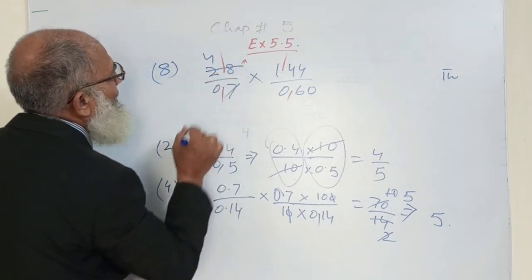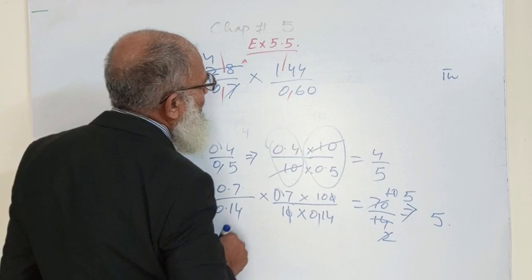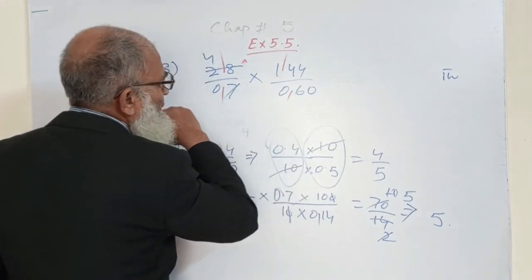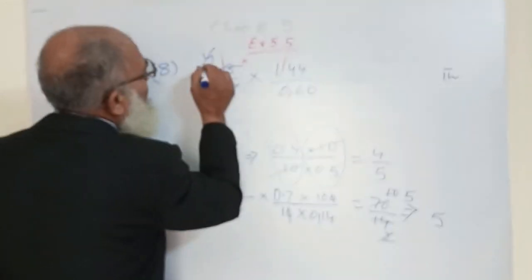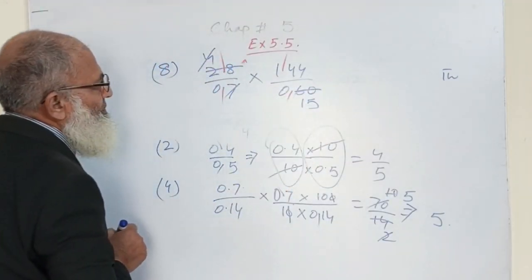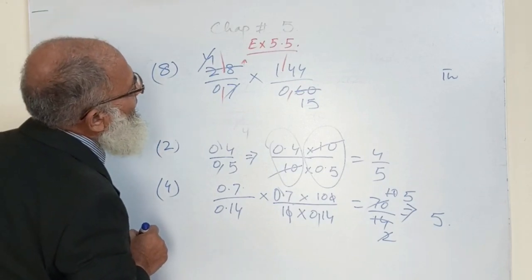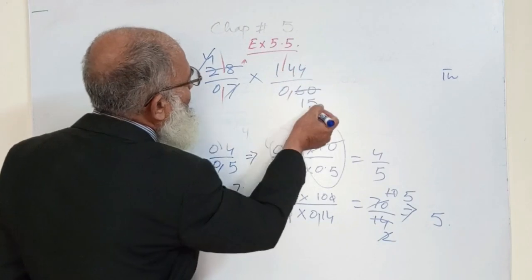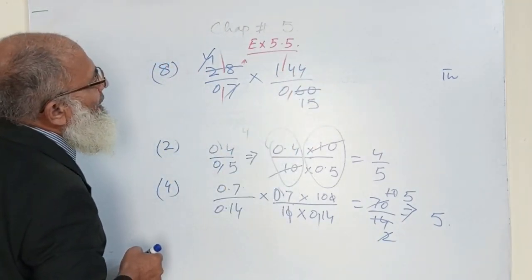7 4 times 28, and 4 15 times. Now nothing is left behind because this 144 is not divisible by 15.